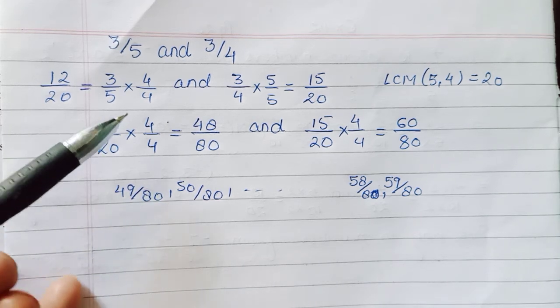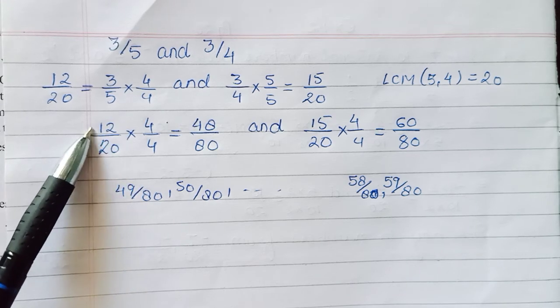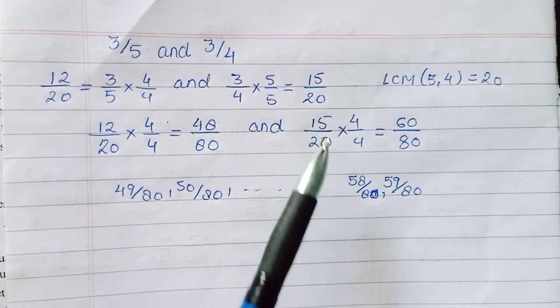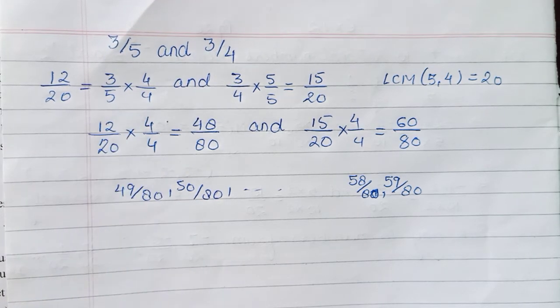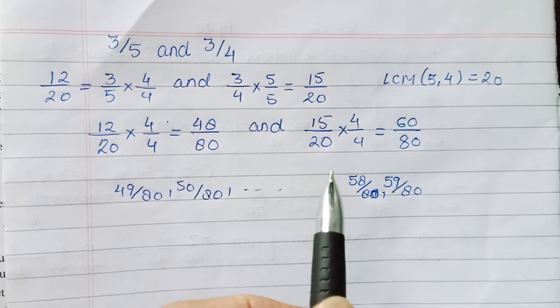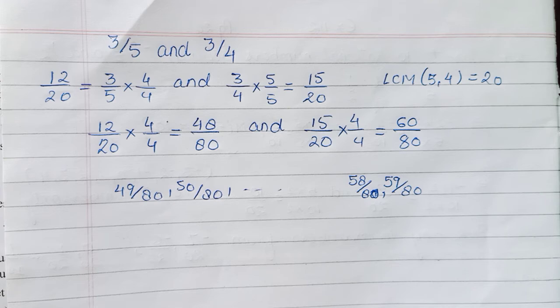If I double it, it is 24 and 30. Between 24 and 30, I will not find 10 numbers. If I triple it, this becomes 36 and this becomes 45. From 36 to 45, again I am falling short of one number. We'll have 37, 38, 39, 40, 41, 42, 43, 44, just 8 numbers in between.